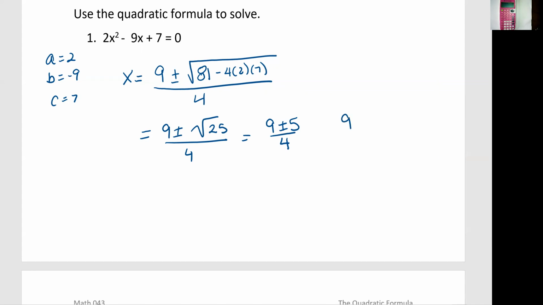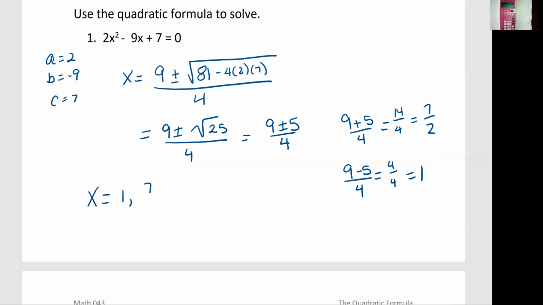We have 9 plus 5 divided by 4 and 9 minus 5 divided by 4. We'll calculate each of these. So our answers are 1 and 7/2.